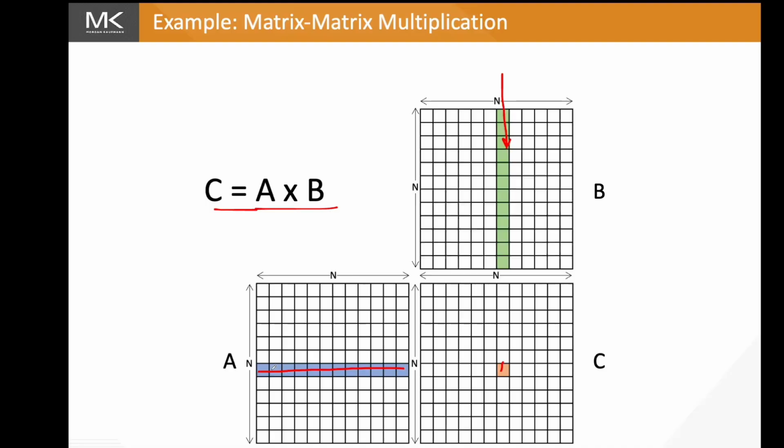So the dot product of this row and this column produces this value. This is the simple matrix multiplication rule that we have from linear algebra.